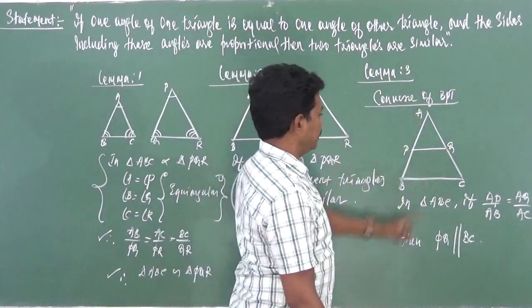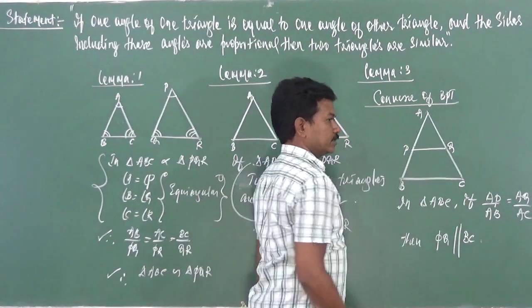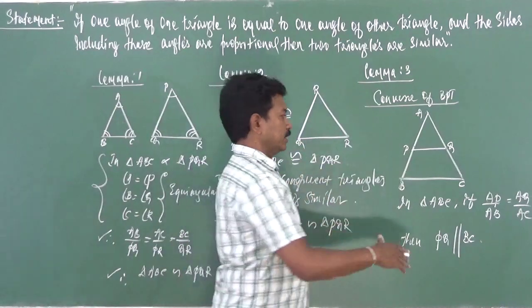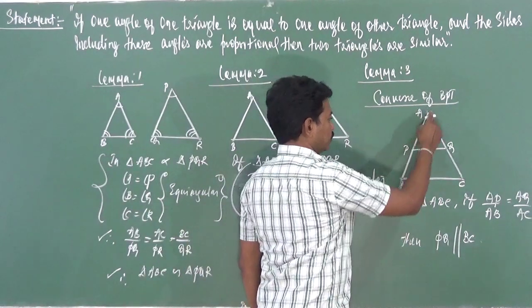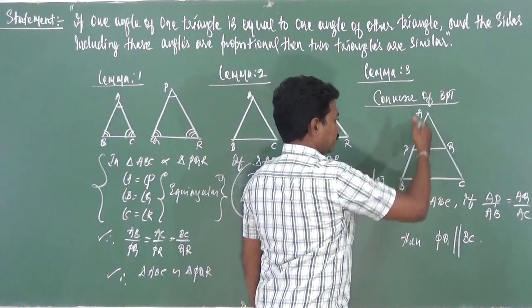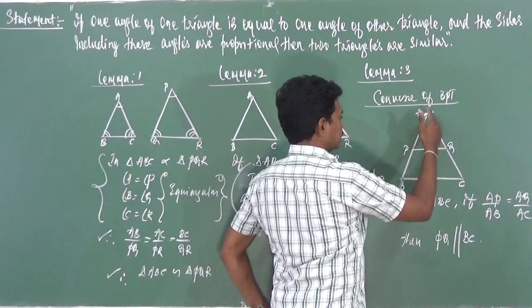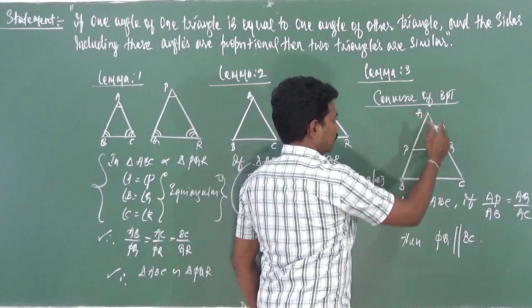And the converse of BPT: if a line divides any two sides of a triangle proportionately, don't fix to the proportionality like AP by PB is equal to AQ by QC only. If a line divides any two sides of a triangle proportionately, there are three possibilities. The first possibility is AP by PB is equal to AQ by QC.